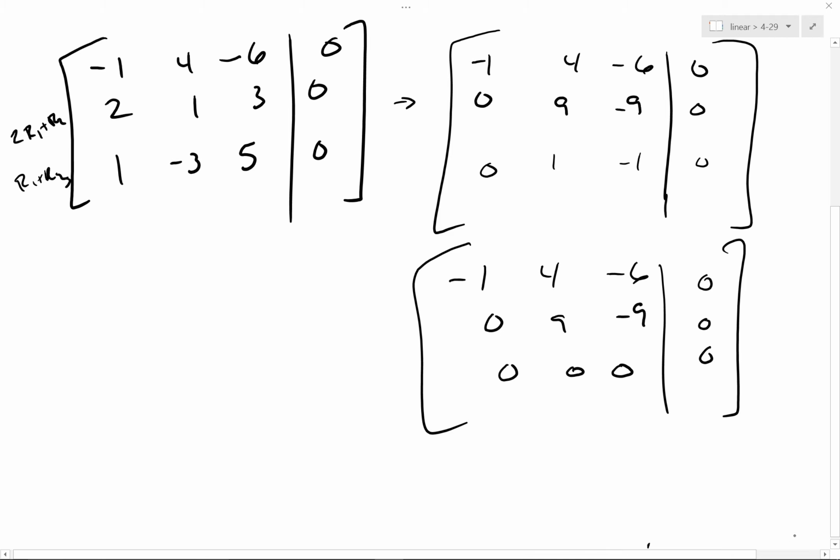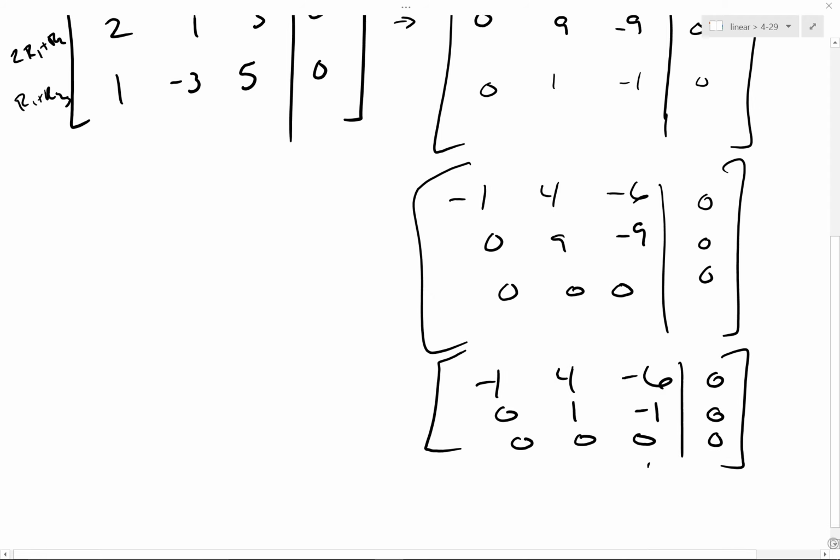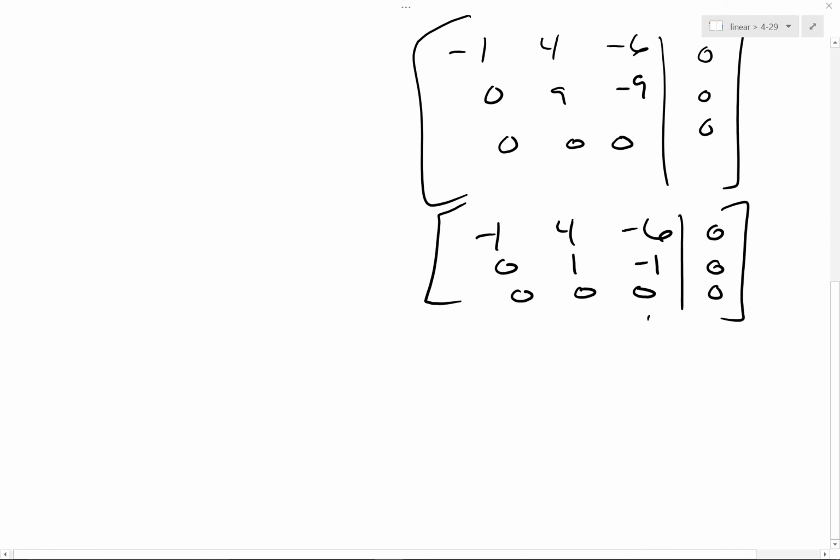Alright, so here we are. I'm going to divide this next row by 9 just for a good time. And just for a good time, I'm also going to go ahead and get these down to 1, get a 0 here, just for fun.